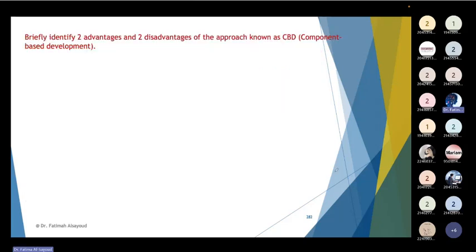Briefly identify two advantages and two disadvantages of the approach of CBD, component-based development. Can anyone state an advantage using just a keyword?